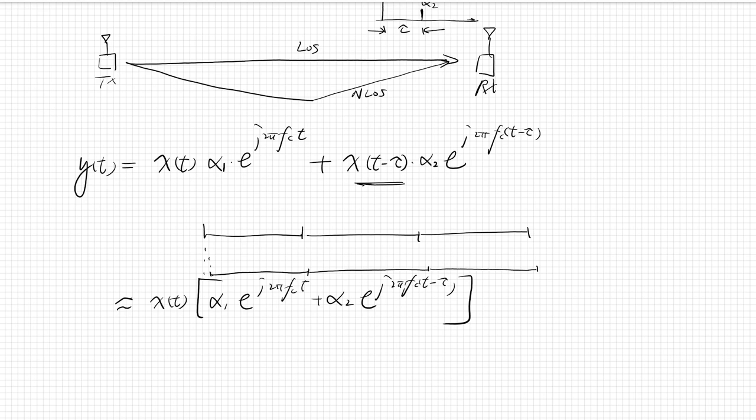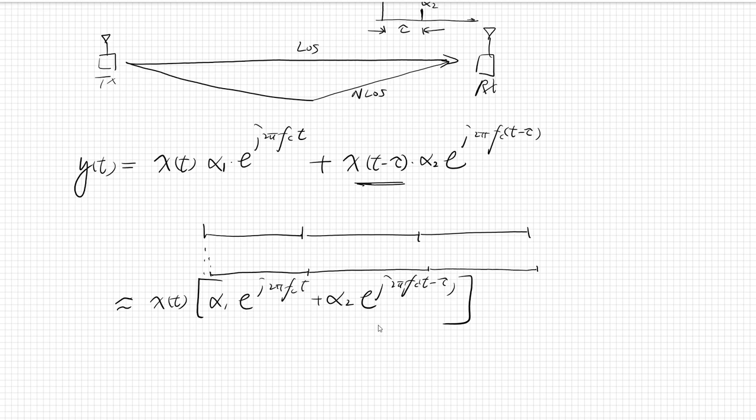Now, when I say narrowband signal, that means the symbol frequency is small, and the symbol period is large compared with the delay. So therefore, I can take x(t) out of those two paths, and assume those two paths' symbols arrive at the receiver at the same time, synchronized. But the only difference is that the attenuation from different paths is different. They add together because I have two exponentials adding together.